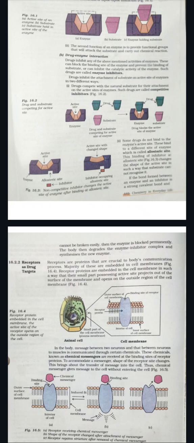These chemicals, known as chemical messengers, are received at the binding site of receptor proteins. To accommodate a messenger, the shape of the receptor site changes. This brings about the transfer of the message into the cell. Thus, the chemical messenger gives a message to the cell without entering the cell.